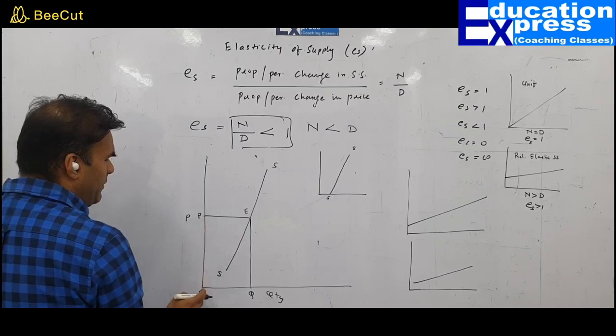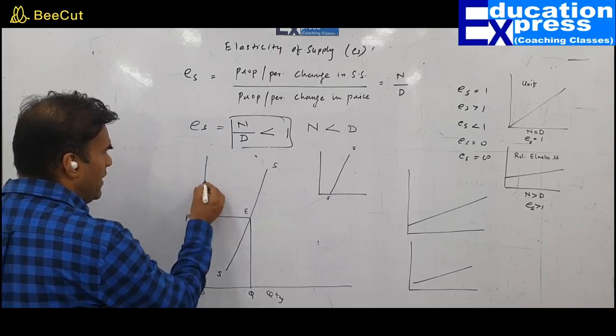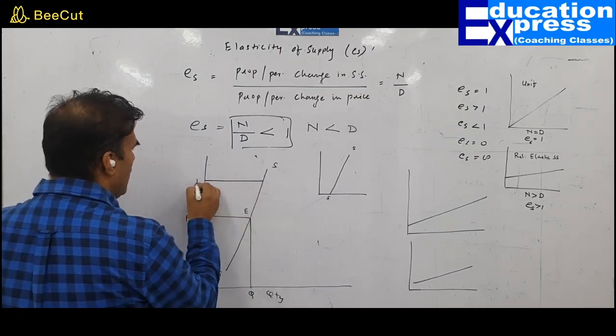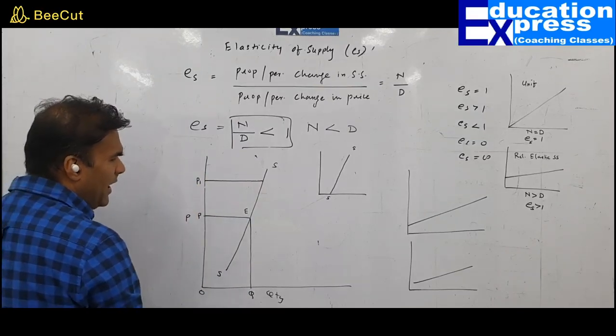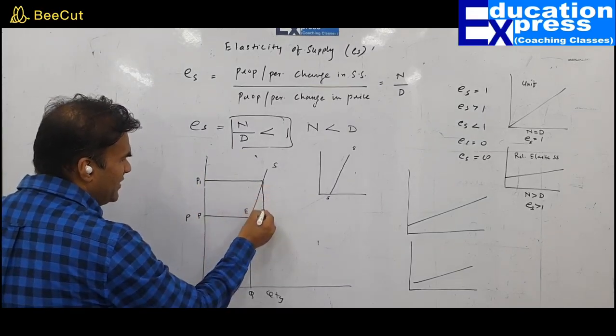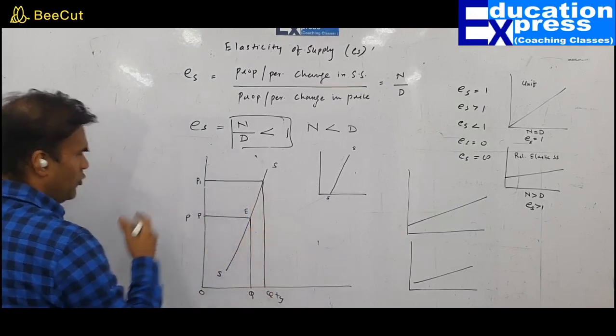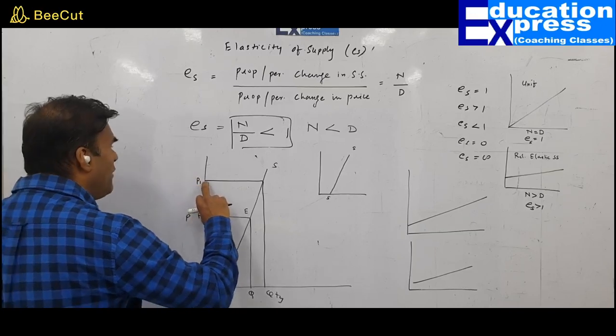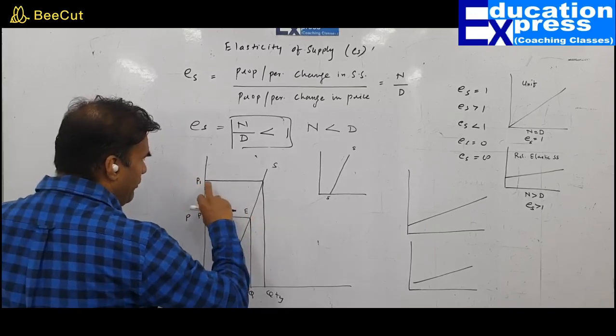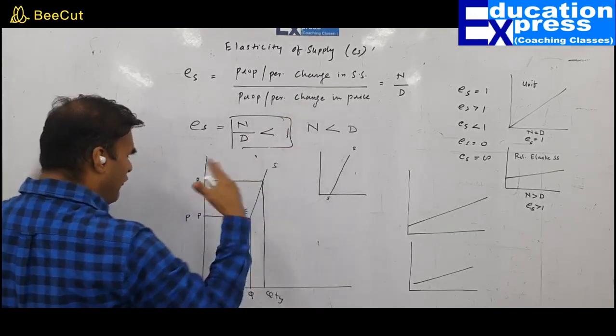If I change my price from OP to OP1, oh my God, huge change. What happened to the supply? Supply has risen, but disproportionately. The proportionate change in price is far more.